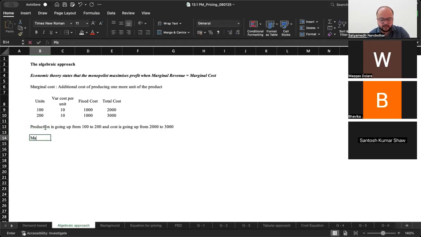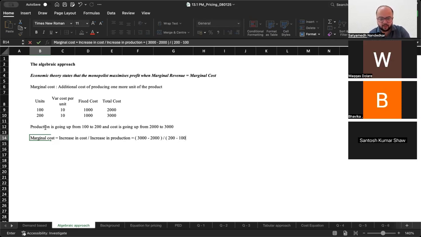So basically, marginal cost is increase in cost divided by increase in production. Increase in cost हो जाएगा आपका 3000 minus 2000. Denominator में आपका रहेगा 200 minus 100. You will get 10 per unit.